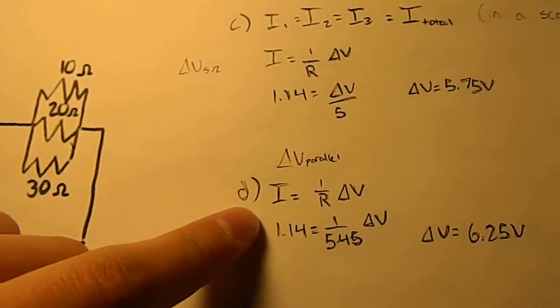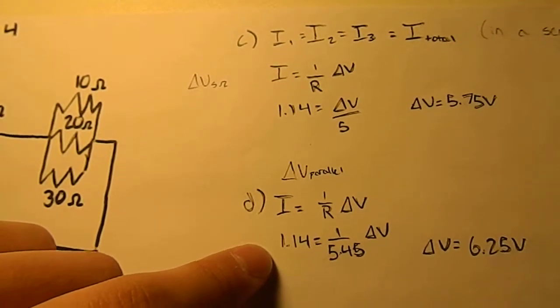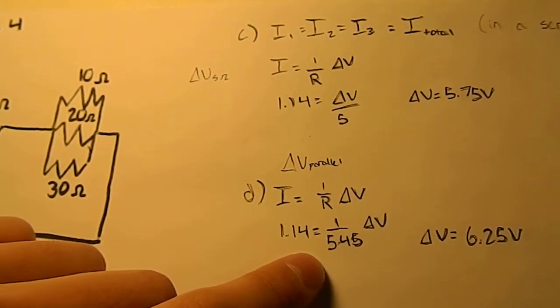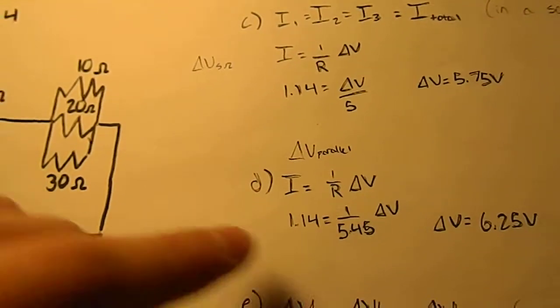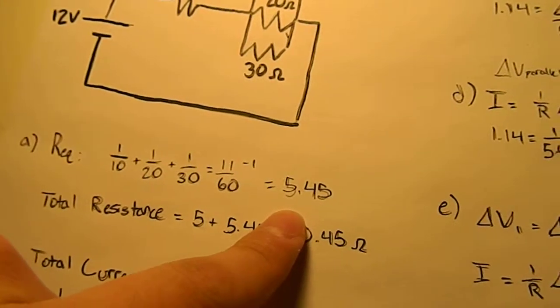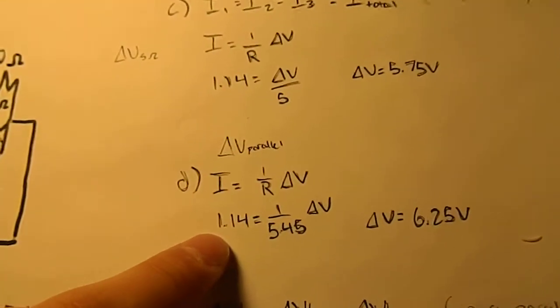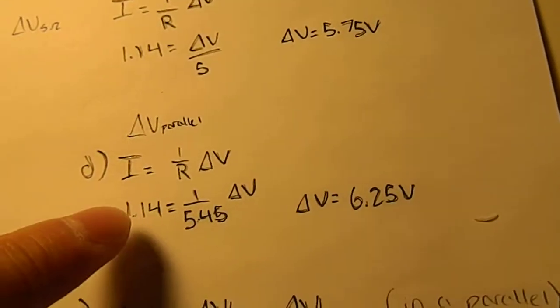That's why you use 1.14 as your current, and 5.45 as your resistance, which you solved in part A. After you solve for the change in V at the parallel, you get 6.25 volts.